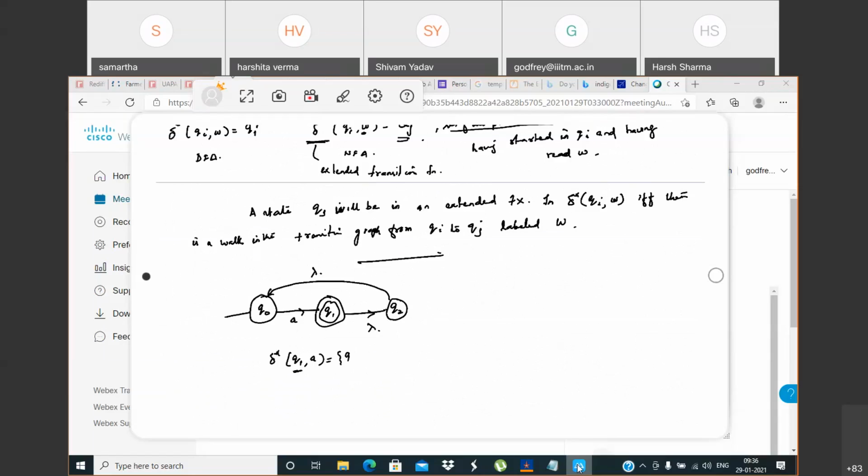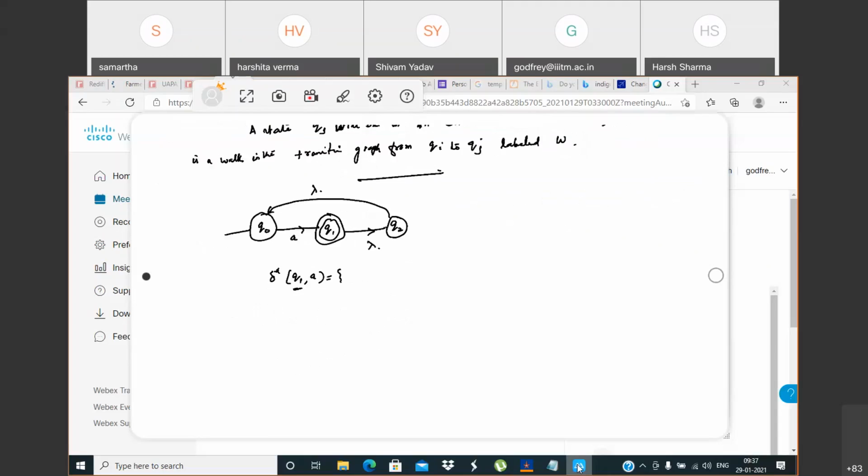So without any input I can go to Q2. From Q2 without any input I can go to Q0. Now on Q0 without any input I go to Q1. So since here we are asking for an input A, what we need to see first of all is from Q1 without any input. So what is A?